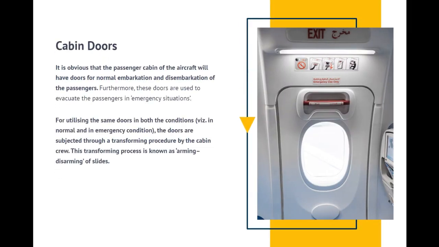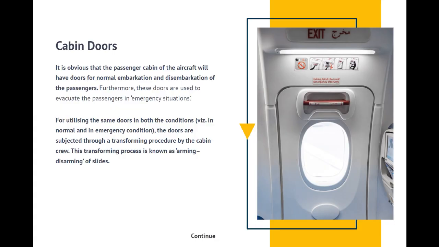Cabin doors. It is obvious that the passenger cabin of the aircraft will have doors for normal embarkation and disembarkation of the passengers. Furthermore, these doors are used to evacuate the passengers in emergency situations. For utilizing the same doors in both the conditions, viz., in normal and in emergency condition, the doors are subjected through a transforming procedure by the cabin crew.